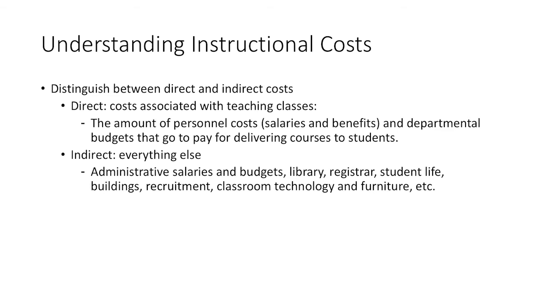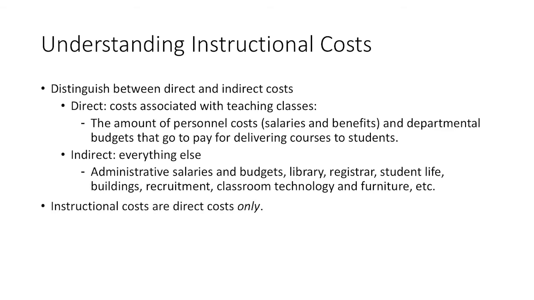It's the library costs, it's the registrar costs, it's the student life co-curricular costs, it's whatever the heating in the building costs, it's the recruitment costs to get students in the classroom, it's the advertising costs, the classroom technology costs, etc. The indirect costs of instruction are huge. In some cases, they're half of the cost. Sometimes they're 60% of the cost.